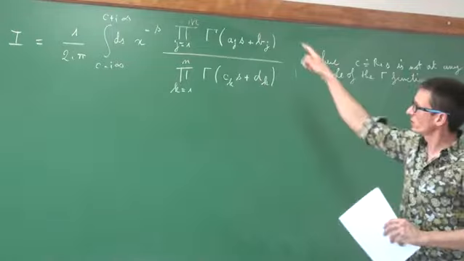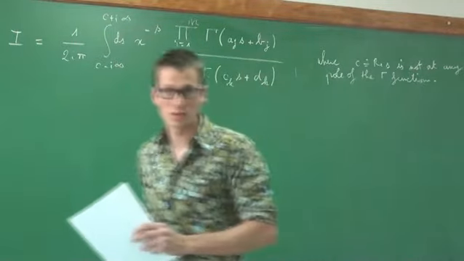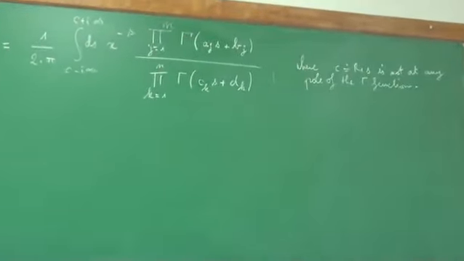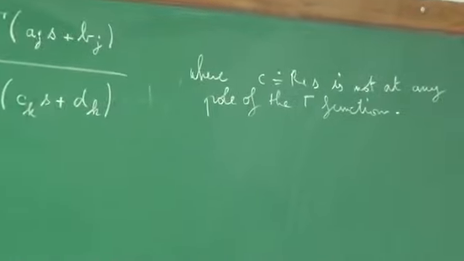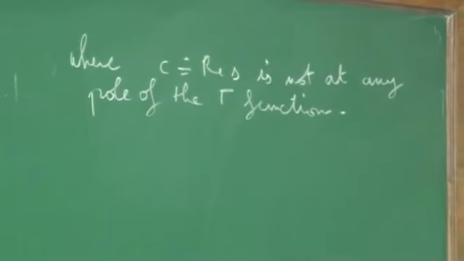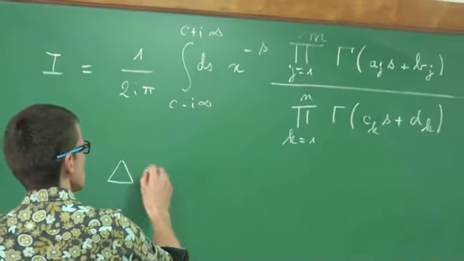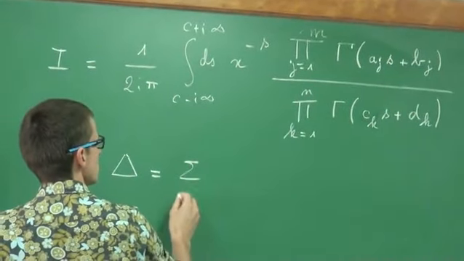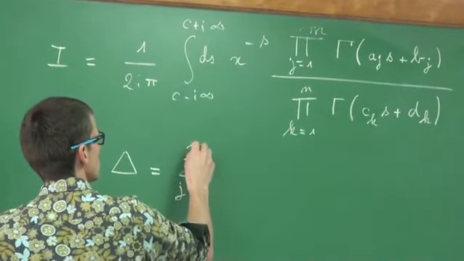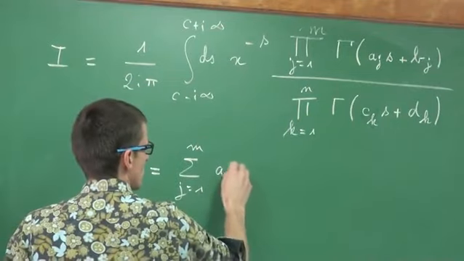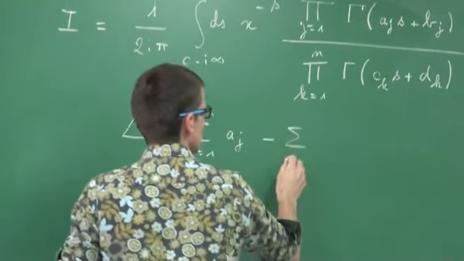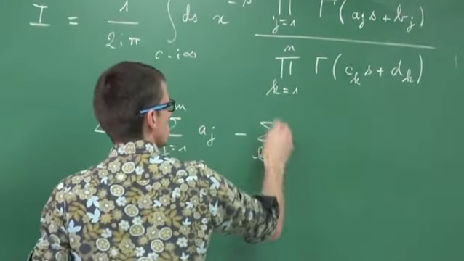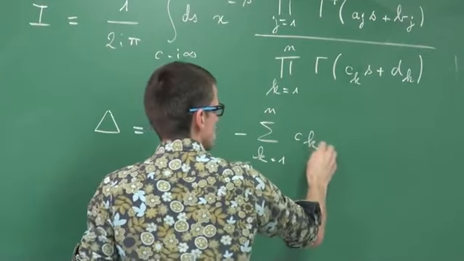So this is a very general class of integrals and of special functions that can be represented as this Mellin-Barnes integral. Now, let us define two quantities. The quantity delta, which is the sum over j of a_j minus the sum over k of c_k.